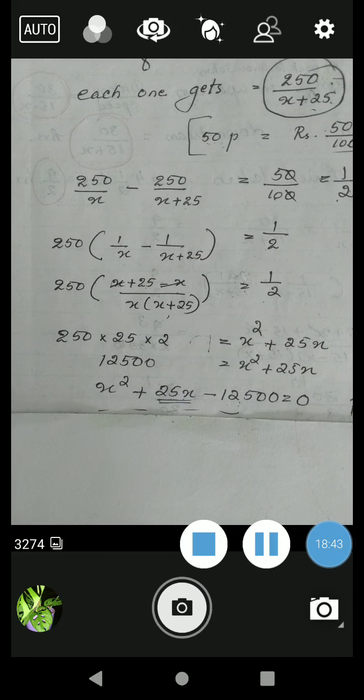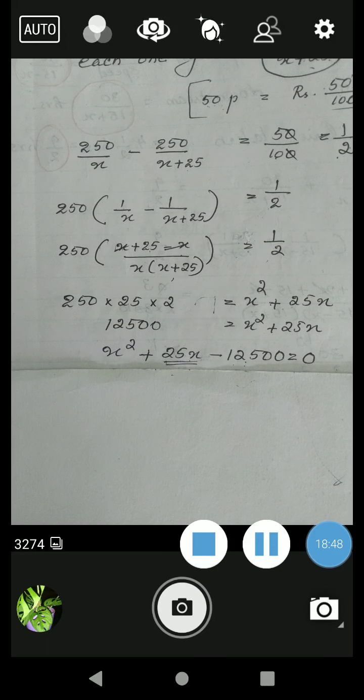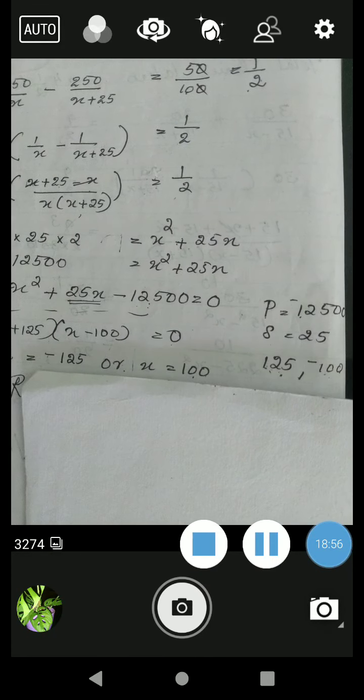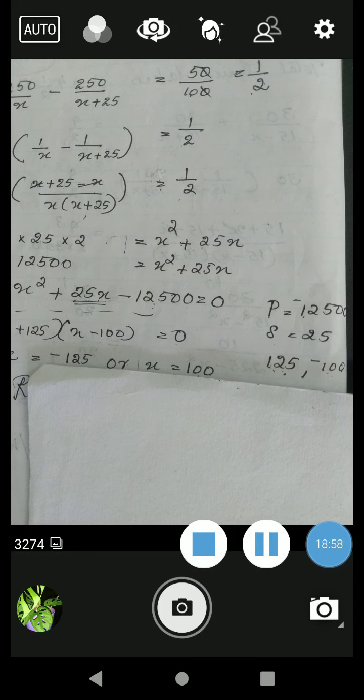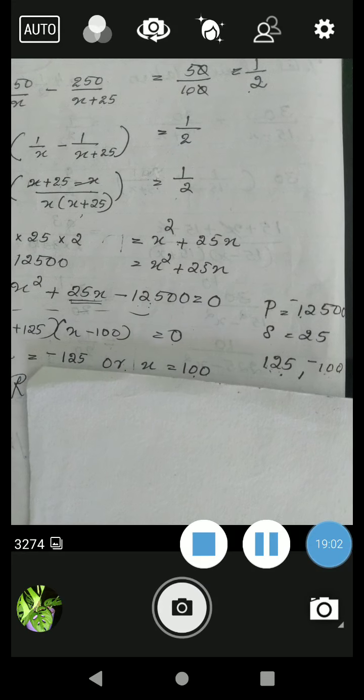At last, you will get a quadratic equation x square plus 25x minus 12,500 is equal to 0. You can use product and sum method. Product is minus 12,500, sum is 25. The two numbers are 125 and minus 100.